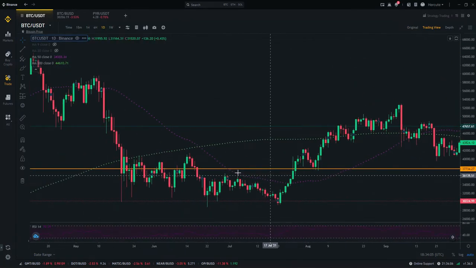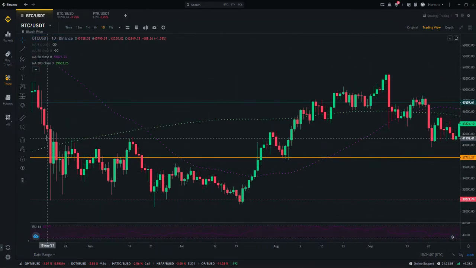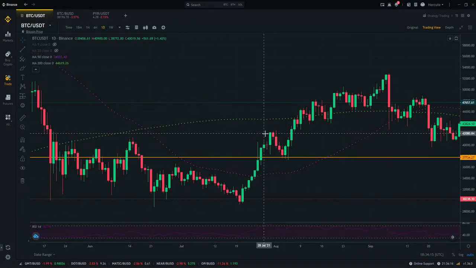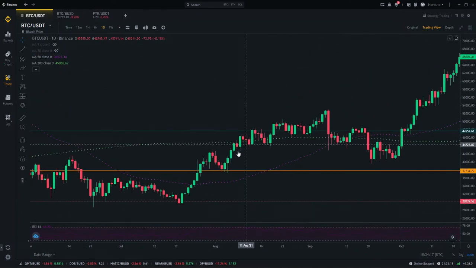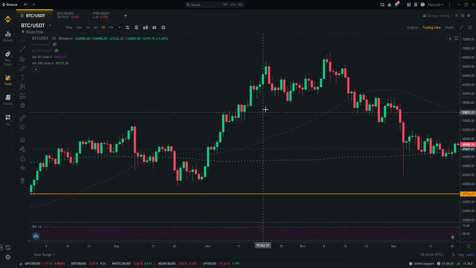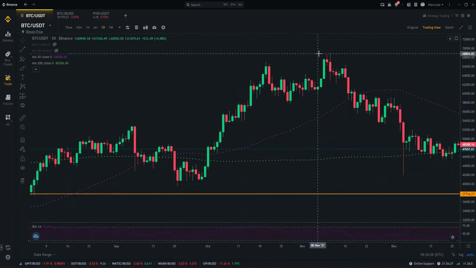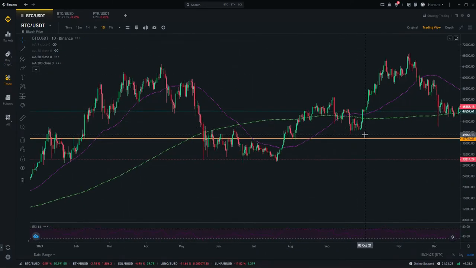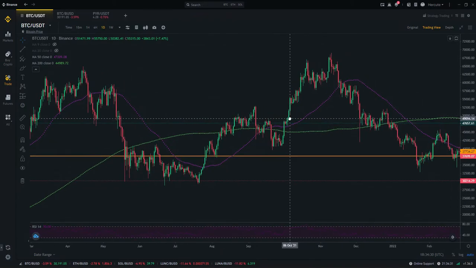Let me zoom out for you to see. When the prices came around this area, they were unable to break and go beyond it. But once it happened, the prices continued to go up, then came down. They were not able to come below this area, and the prices continued going up all the way to around 68,000.